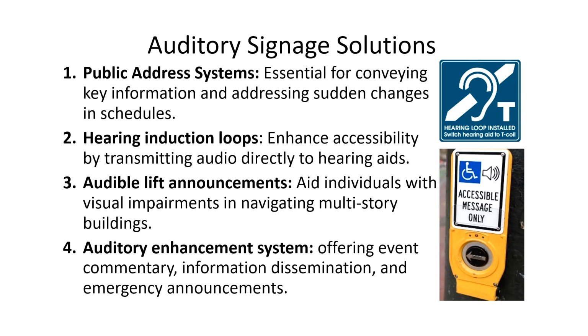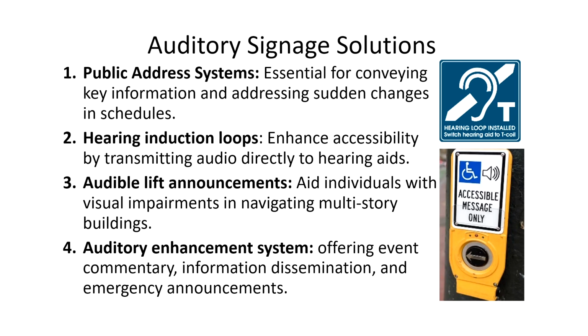Now, the auditory enhancement systems. These auditory enhancement systems cover both the public concourse area. Looking at the standard symbols at the entrance of the door, we can identify locations where these systems are available.